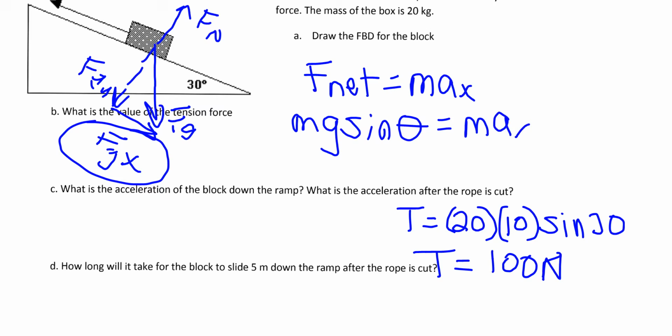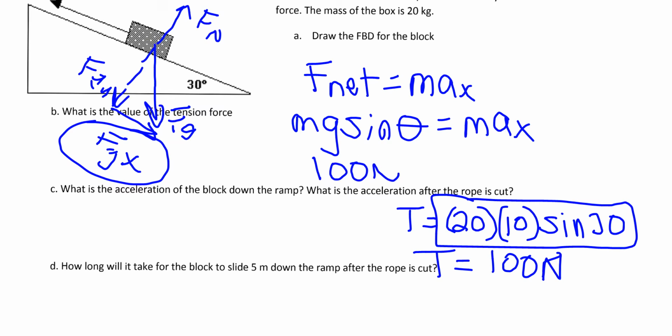Now we previously said mg sine theta was here, so I can just jump in and do that. That is 100 newtons equals the mass, which is 20 kilograms, times the acceleration. So here my acceleration equals 5 meters per second squared down the ramp.